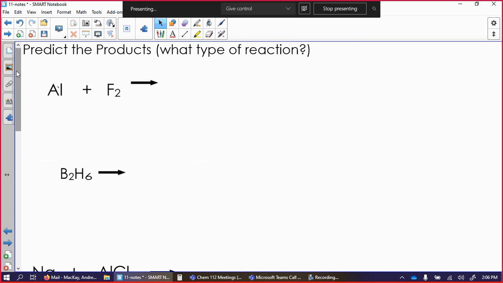So we've already done a little bit of predicting products because if you were asked to predict the products, you need to know what type of reaction it is. So I've got four things here, obviously formation, decomposition, single replacement, double replacement.